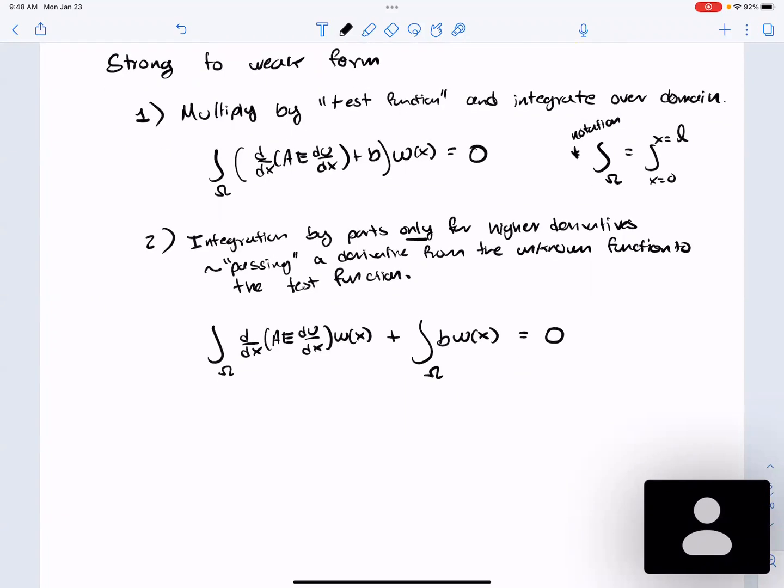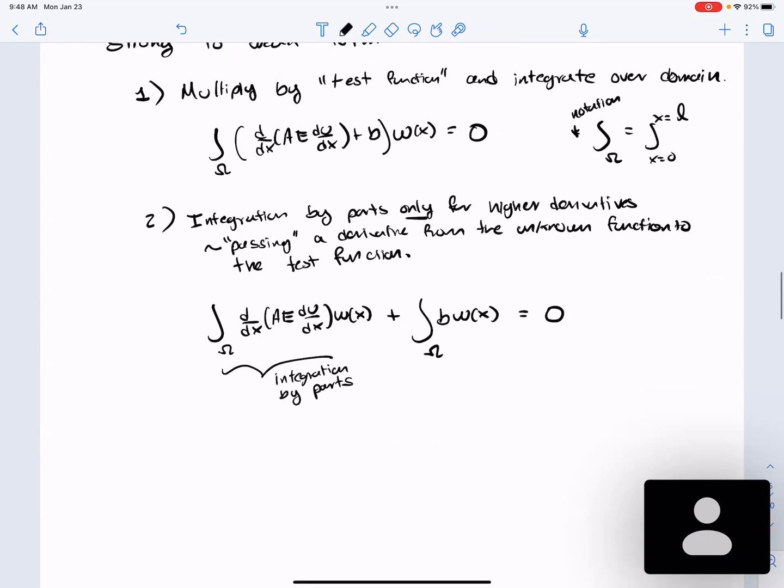And you can see here that this is where we're gonna do integration by parts. You'll have to refresh a little bit of your calculus. But essentially, if you just remember u dv, maybe I'll call it v du, over some omega equals minus the integral of u dv, plus the integral over the boundary of uv.